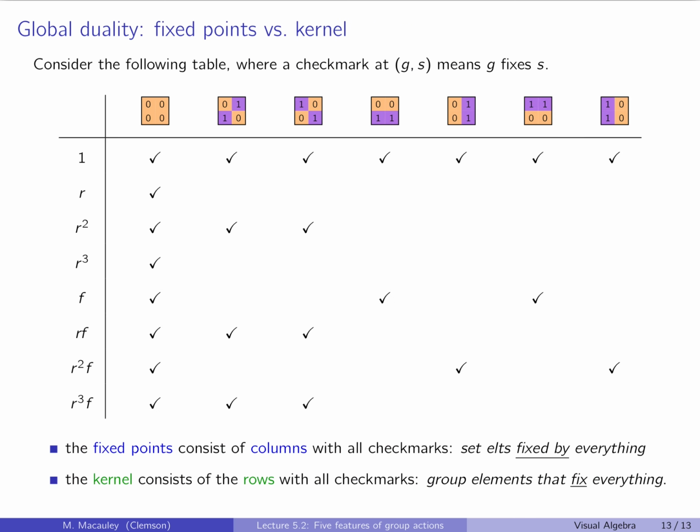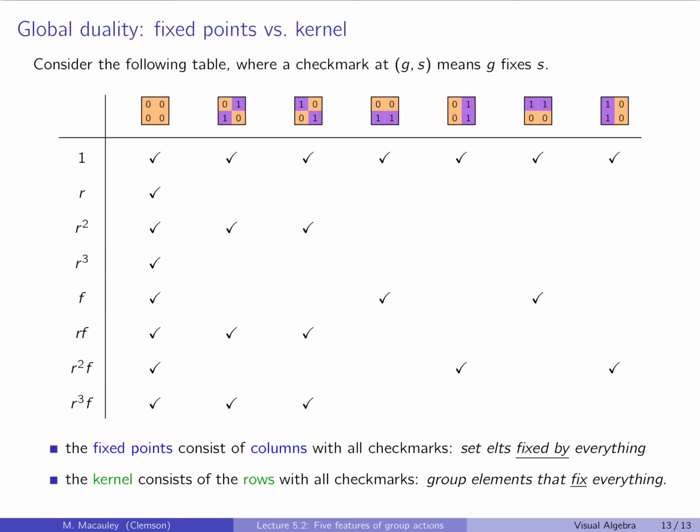Finally, let's look at the fixed point table and interpret these concepts there. Remember that we could read the stabilizer of a set element by just looking down the column, and the fixator of a group element by looking across the row. The fixed points consist of the columns where everything is a check mark. These are the set elements fixed by everything.